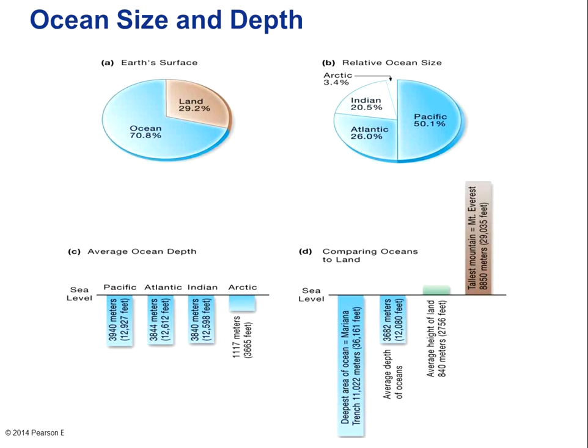But the interesting thing is that the ocean has many much taller mountains. For example, the deepest trench in the ocean is in the Pacific, the so-called Mariana Trench, which is more than 11 kilometers deep. That's much deeper than the height of Mount Everest.